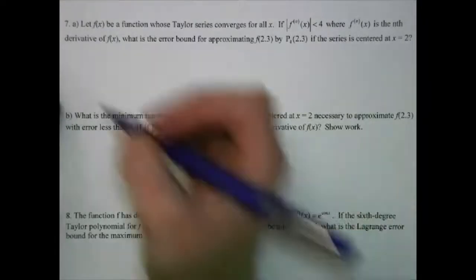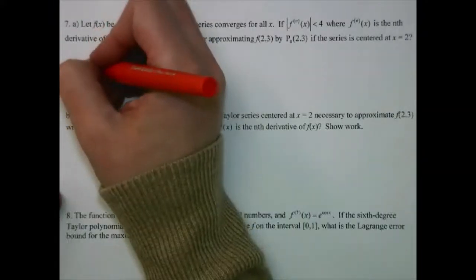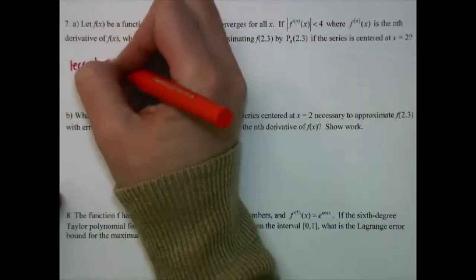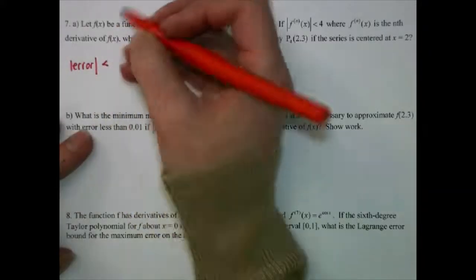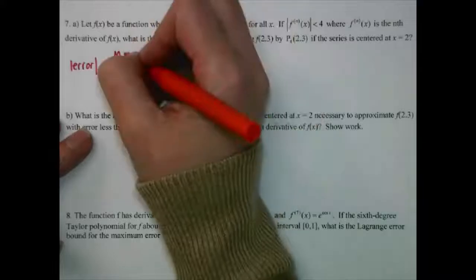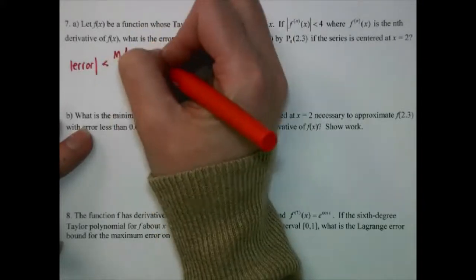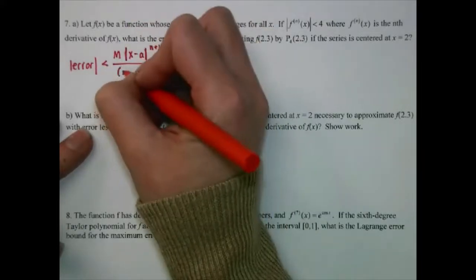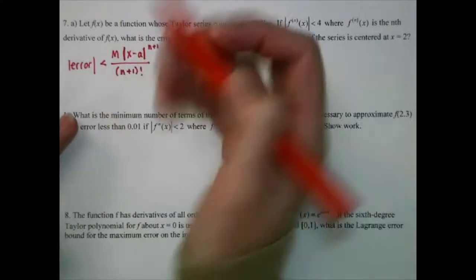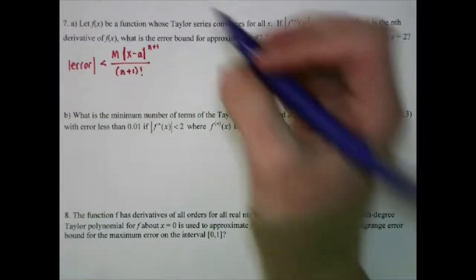Okay, the error in general for the Lagrange error bound is less than m times the absolute value of x minus a to the n plus 1 over n plus 1 factorial, where m is the maximum value of the derivative.